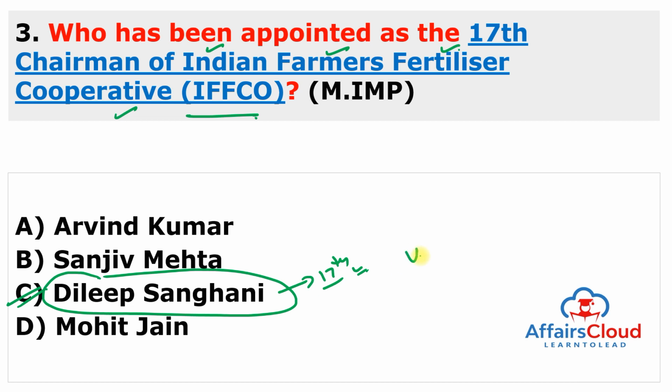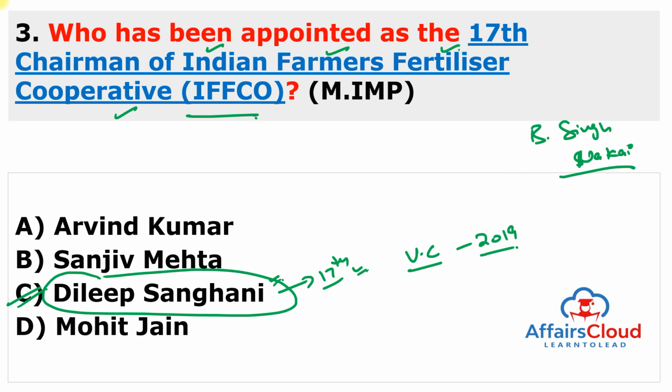He has been serving as the vice chairman of this organization since 2019. The elections were held following the demise of incumbent chairman Balwinder Singh Nakai. So recently Balwinder Singh Nakai died, that's why this position was vacant, and now this position was filled with the name of Dilip Sanghani.